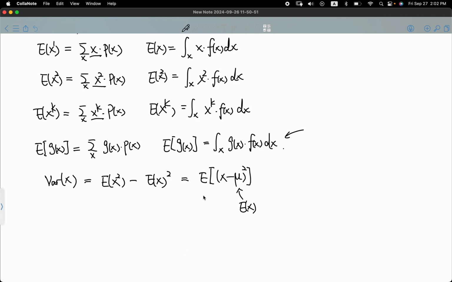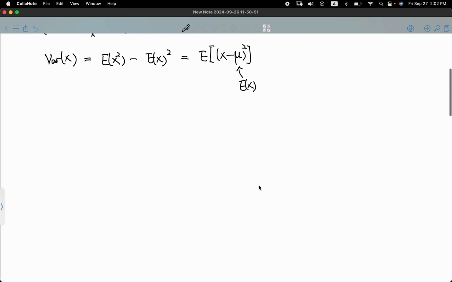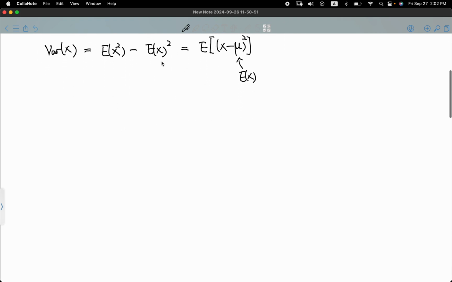One thing that we showed in the lecture is that the right hand side, or this one, is equal to this. For completeness, let's also write that out. Here I continue expanding the third term. We will have x squared minus 2 mu x plus mu squared.